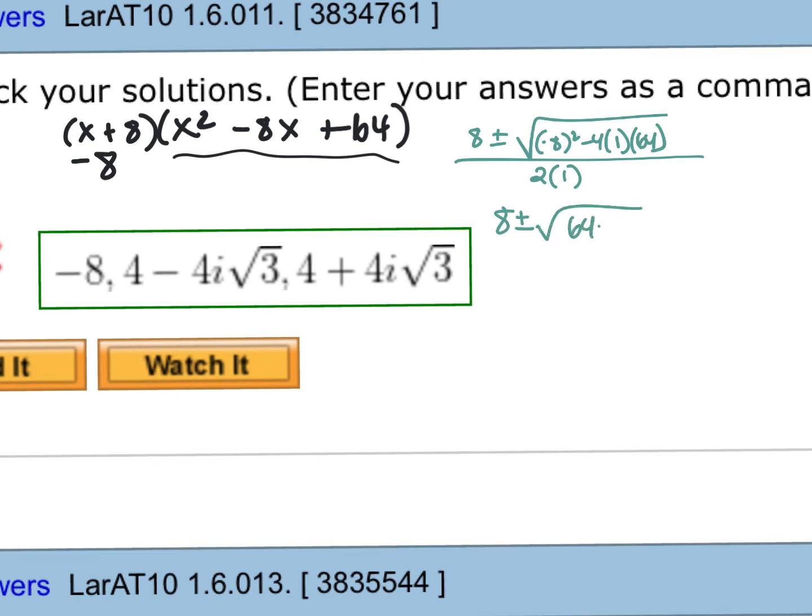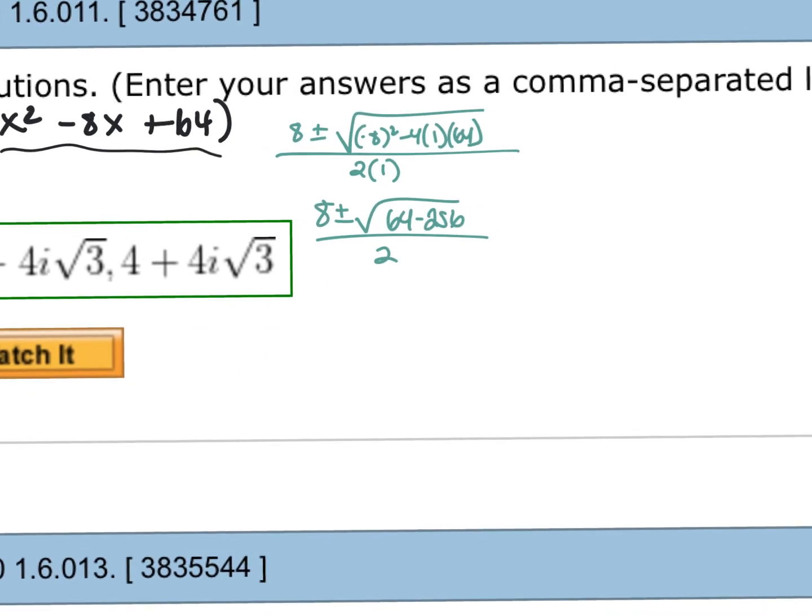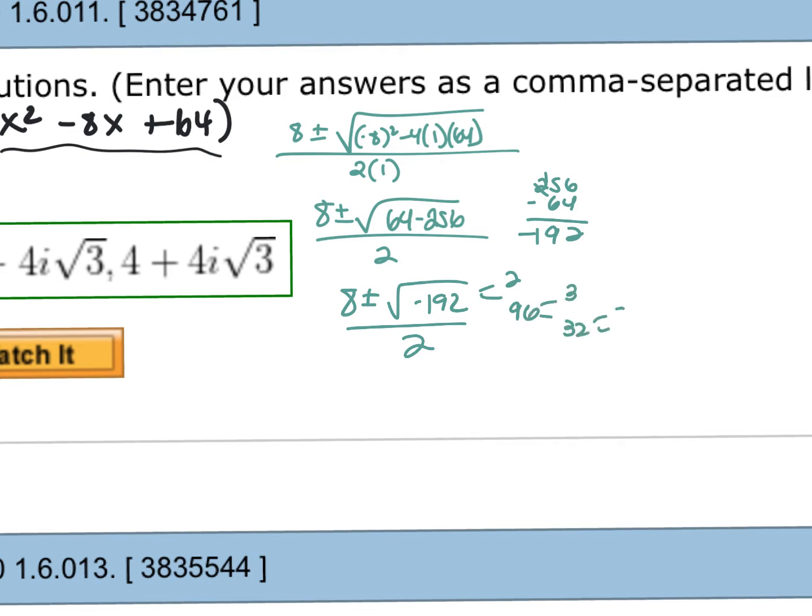64 minus 256 over 2, and then 256 minus 64, negative 192, which would be 2 and 96, 332, 216, 28, 24, 22.